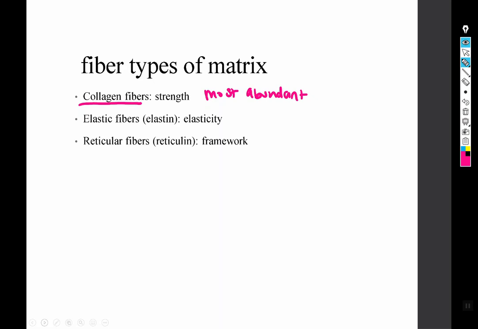And then there's going to be examples like tendons, ligaments, etc. So these are going to be resistant to tension, or shear resistant, meaning that if I pull on these things, they're not going to snap or break. They're going to resist my pulling.